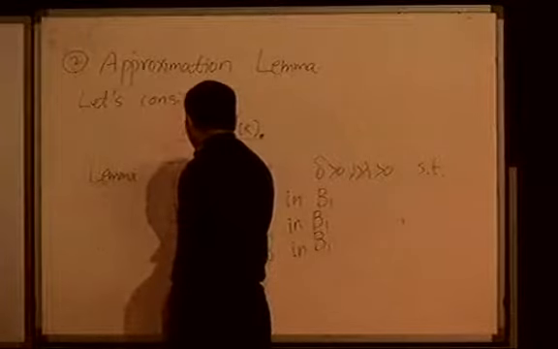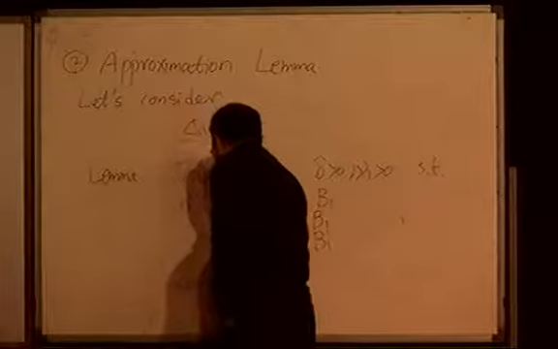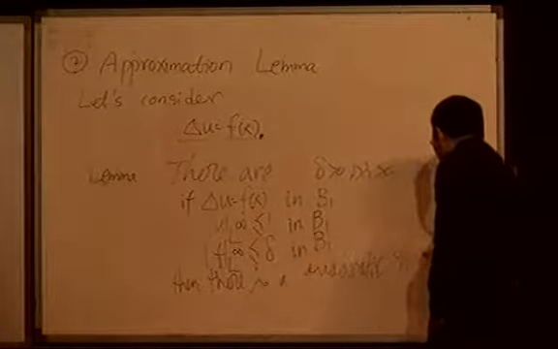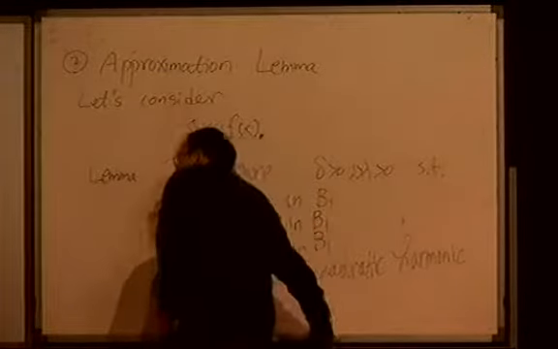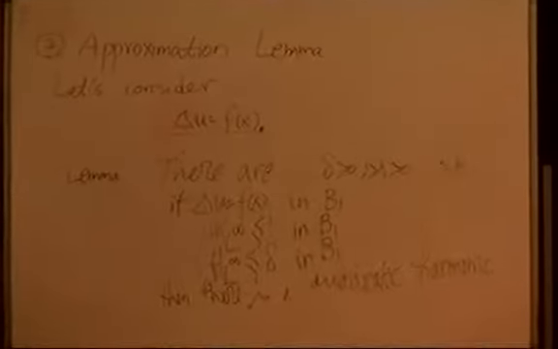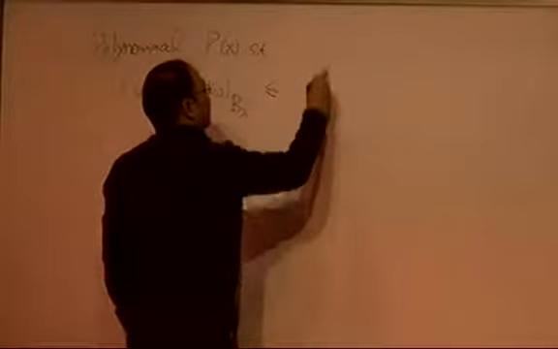Then if this is true, then there is a quadratic harmonic polynomial P of x such that the difference between u and P of x is less than or equal to lambda to the 2 plus alpha.